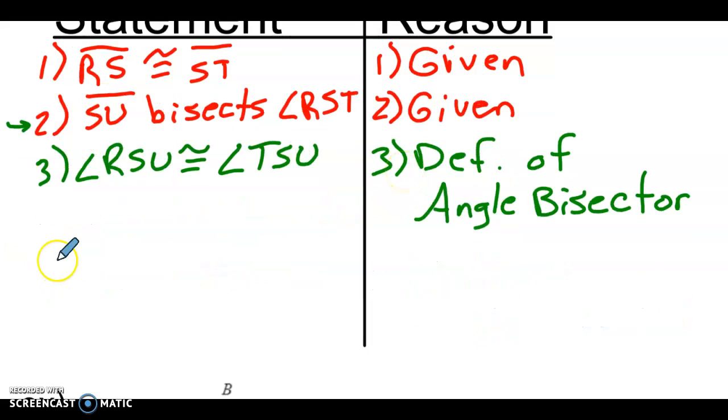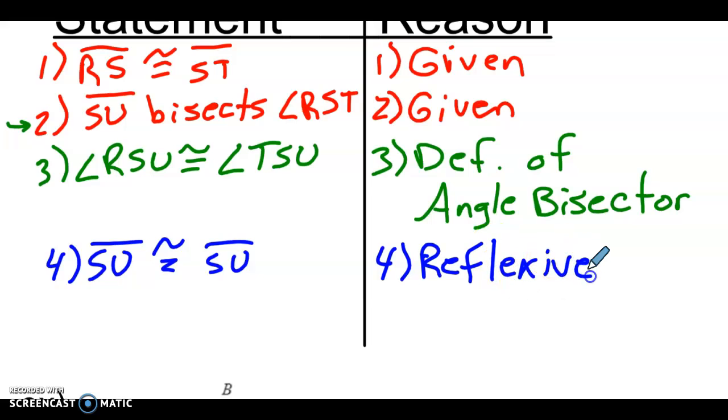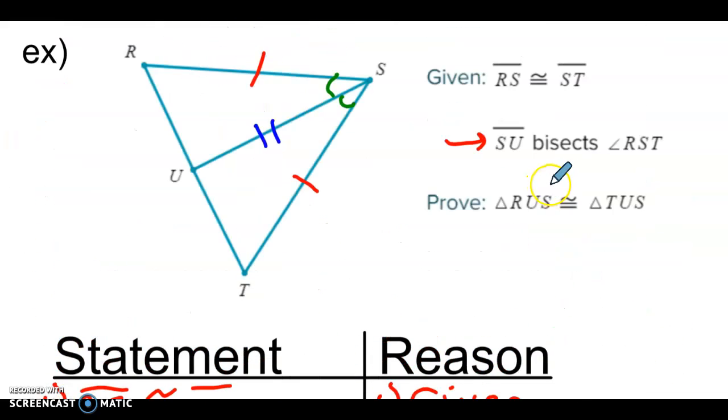So we can say segment SU is congruent to segment SU, and that is the reflexive property. So now that we've got that, we have a side, an angle, and a side in both triangles.